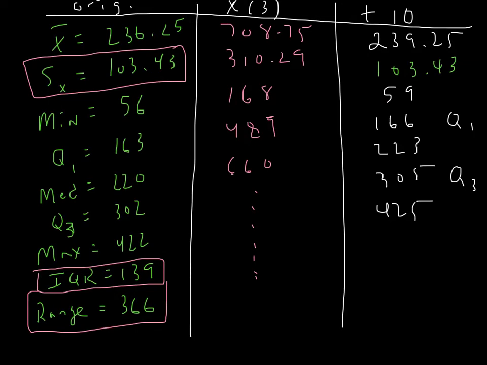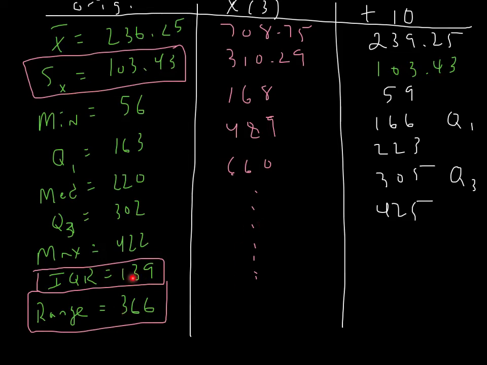Now what do you notice is happening? My measures of position are all increasing by 3, so my min went from 56 to 59, Q3 went from 163 to 166, and so on for all the other measures of position. But your standard deviation is still 103.43. And for the IQR, I forgot to mention in this pink area here, you'd have to recalculate these by hand.